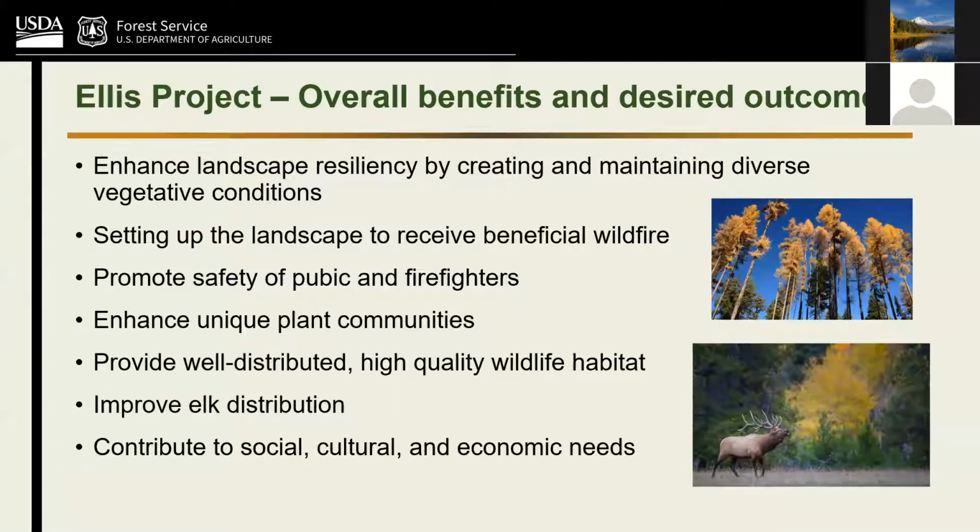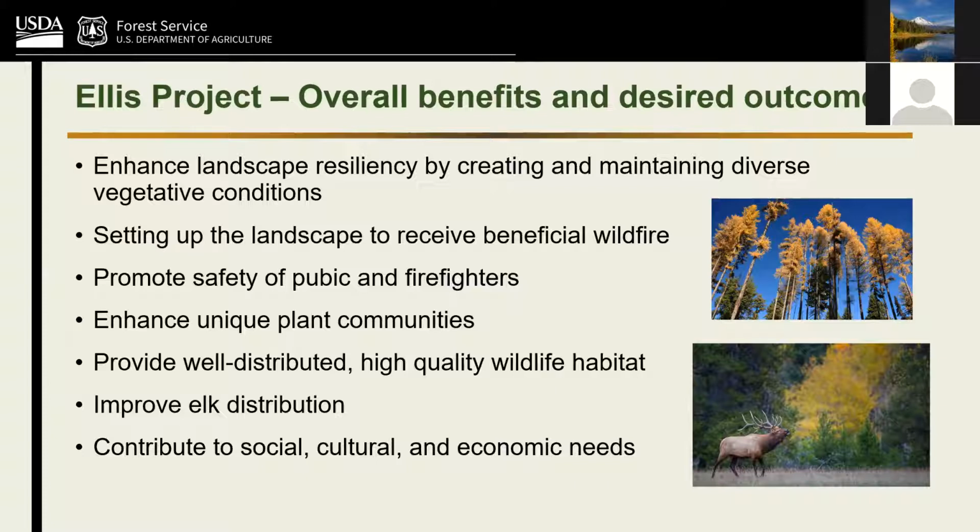So this is the last slide, and I just really wanted to talk about the overall benefits and desired outcomes of this project. You know, there are a lot of goals we hope to achieve with this project, and the aim is to balance the need to restore ecosystem resilience with serving the needs of our communities and our forest users.